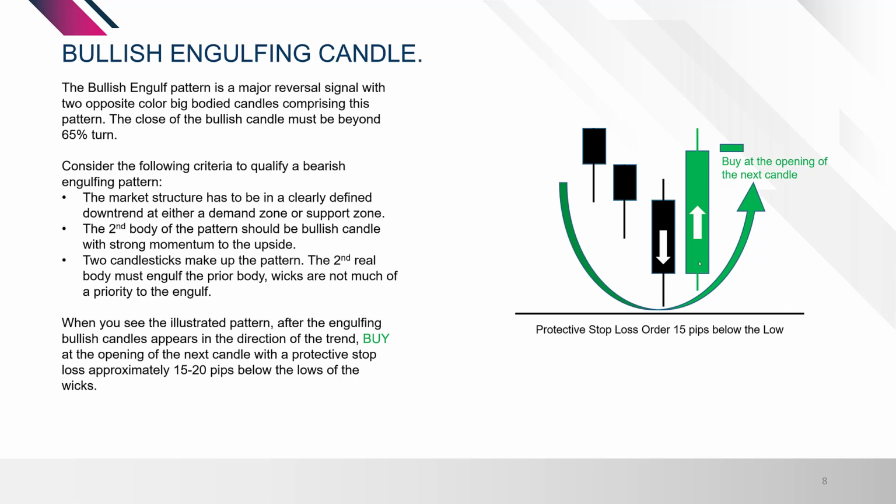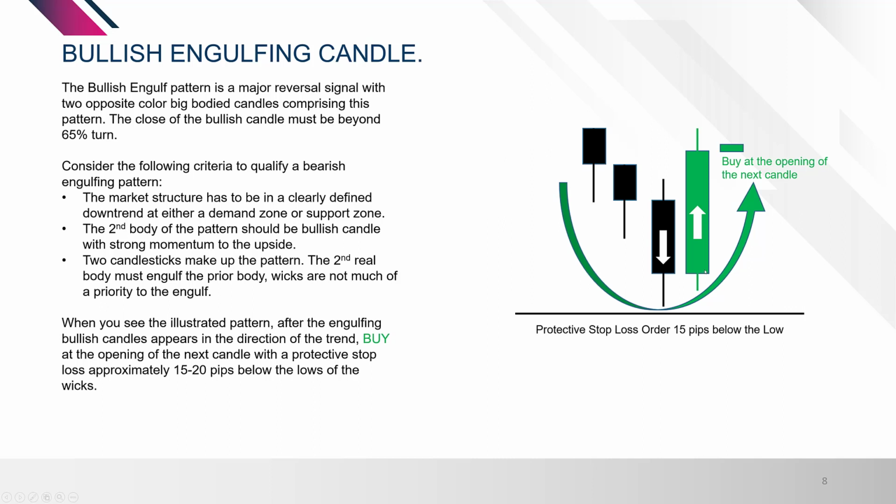The second real body must engulf the prior body. Wicks are not much of a priority to the engulf. The wicks don't really make much of a difference. That's retail traders' funds, which don't really move the market. We need to focus on the body.